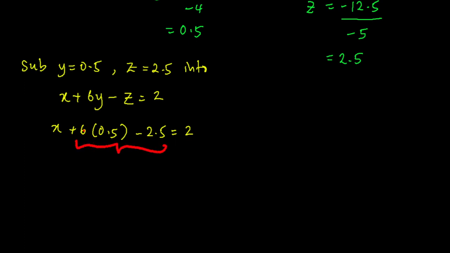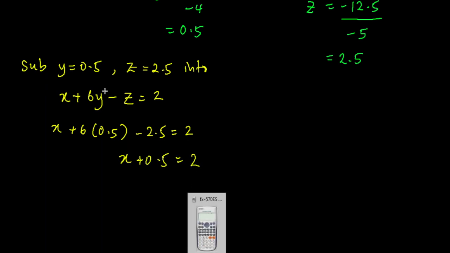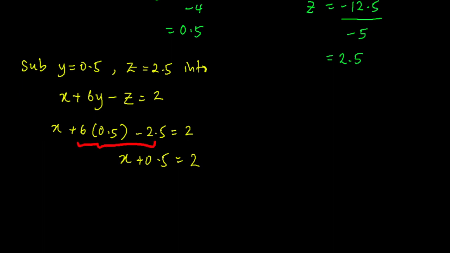Half of 6 is 3. 3 minus 2.5 is 0.5. So x plus 0.5 equals 2, right? If cannot, you just press the calculator here also can. Then your x will be 2 minus 0.5, which is 1.5.